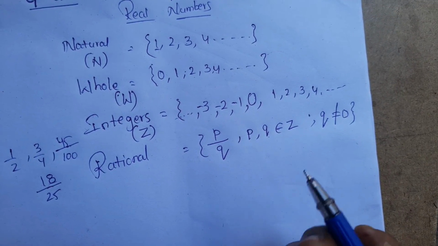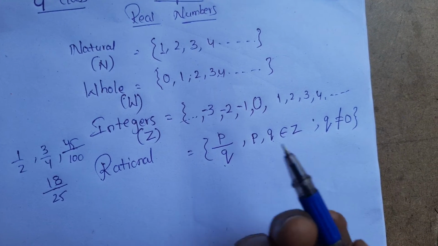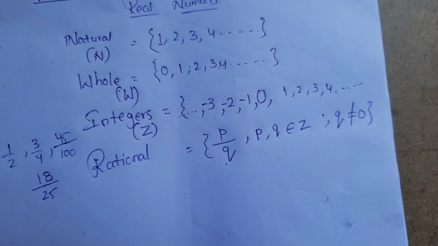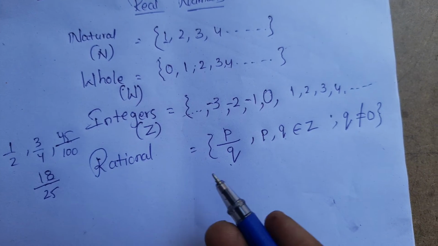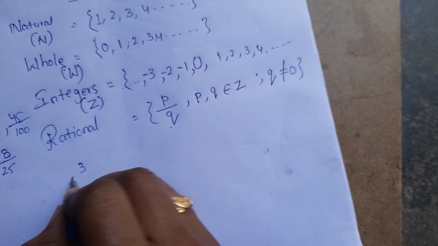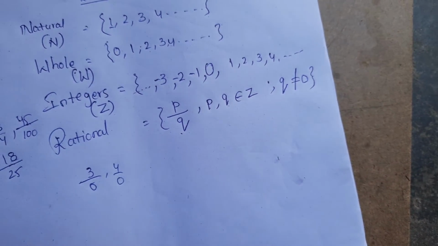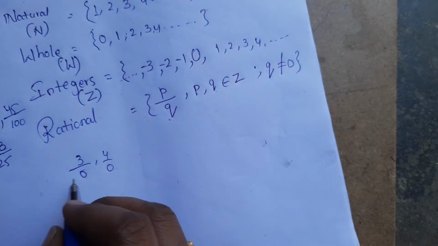Because if we write 0 in the denominator, it is meaningless. For example, what are the values of 3 by 0 or 4 by 0?